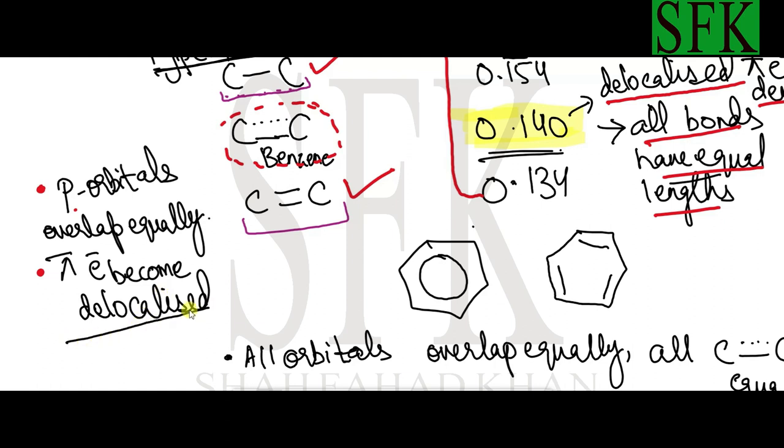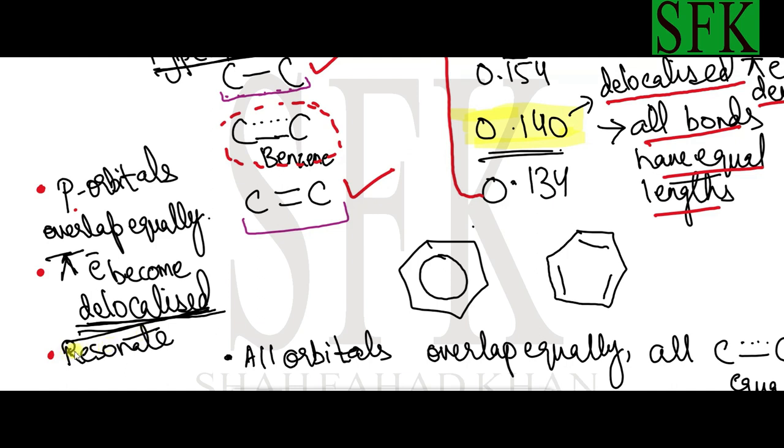Delocalized pi electrons is the key word of this answer. The pi electrons become delocalized, due to which the bond lengths become equal. So p orbitals overlap equally with each other, the pi electrons become delocalized, and they resonate.